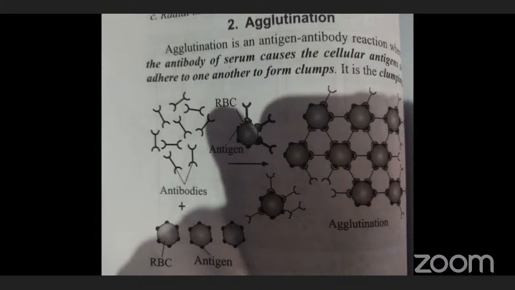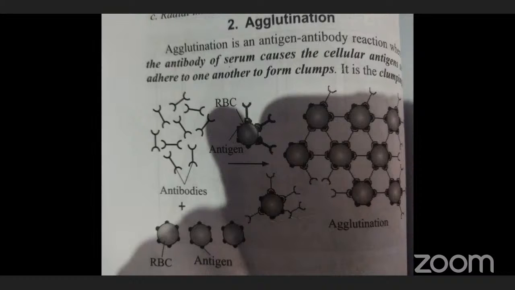So serum antibody causes the cellular antigens to form clumps: the clumping of a particular antigen and its antibody.